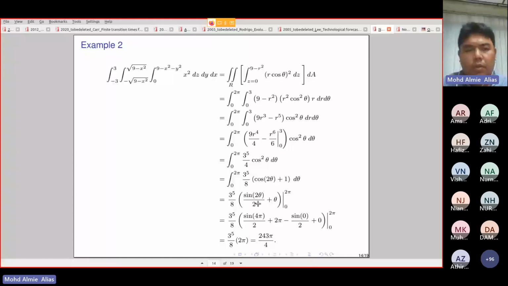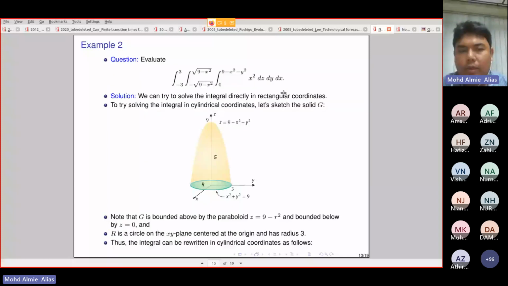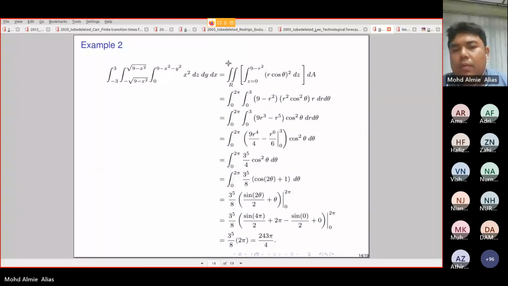So this is how you do it. Everything you are given in terms of x, y, and z, you need to integrate using cylindrical coordinates, in which you need to convert them to r, theta, and z, which is what we do here. Let's take a break.